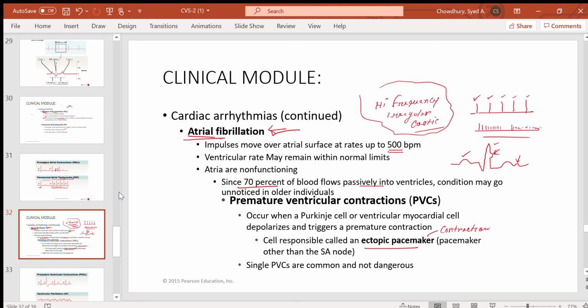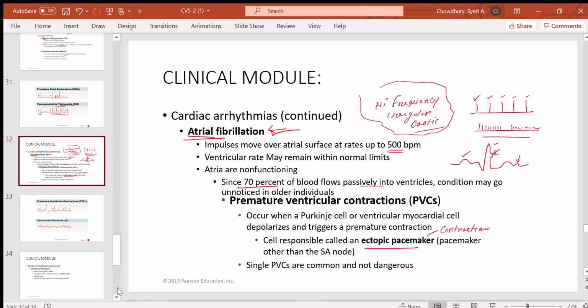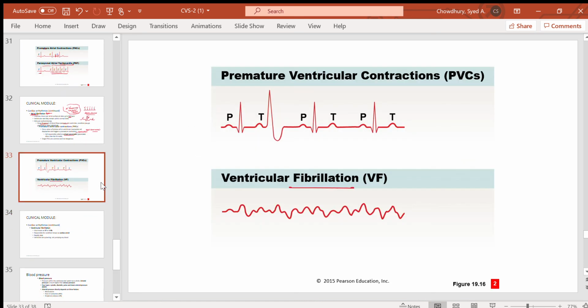But heart muscle sometimes can produce an electrical impulse, very weak, but that can cause a weak local contraction, very focal, not the whole chamber. We see ventricular fibrillation. This is dangerous because you see very chaotic, irregular, noisy contraction.